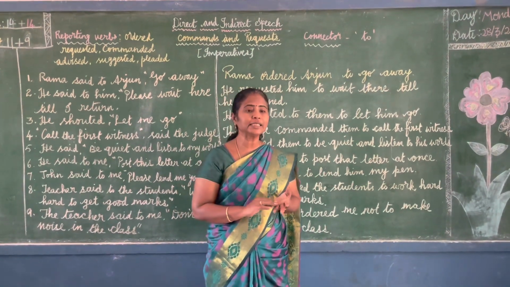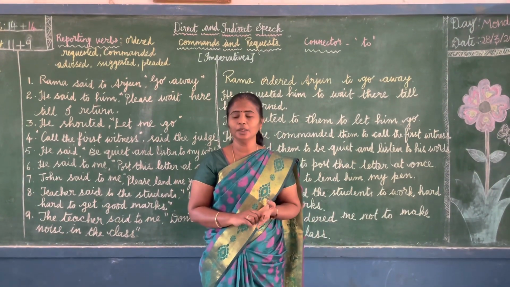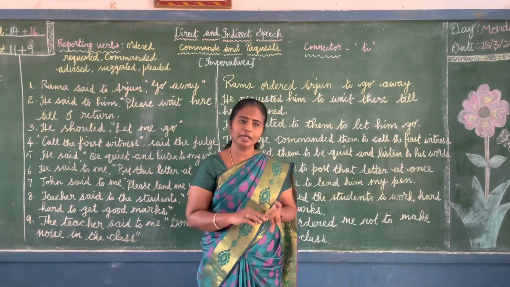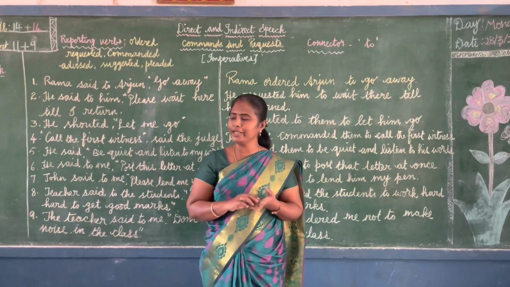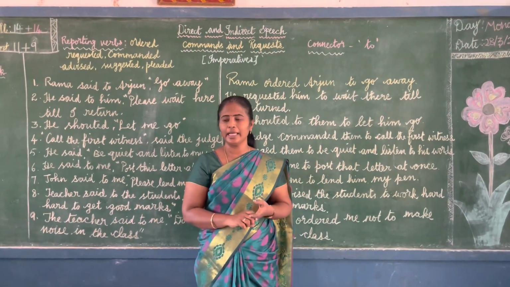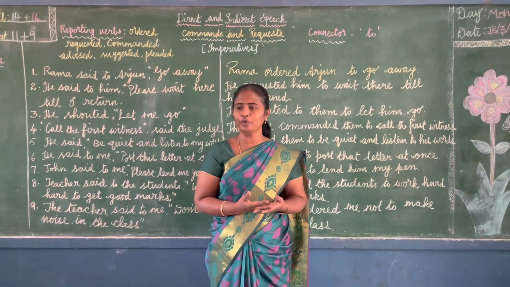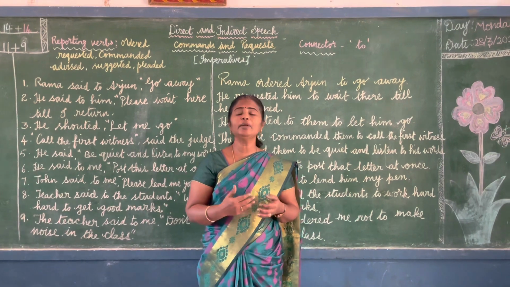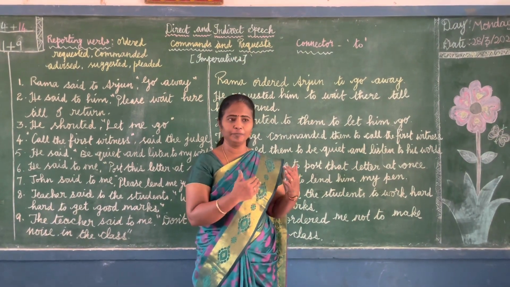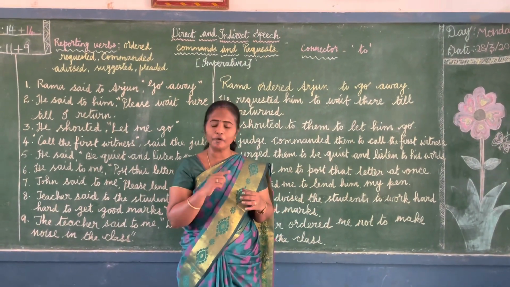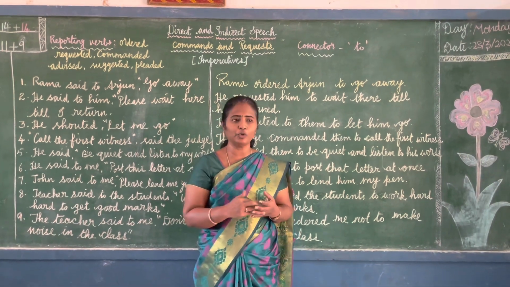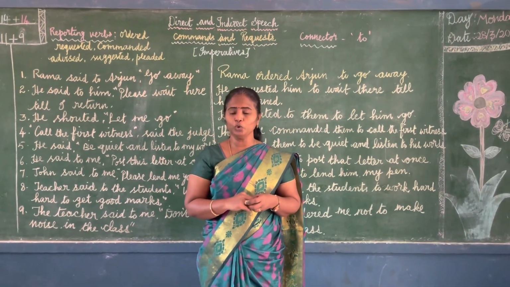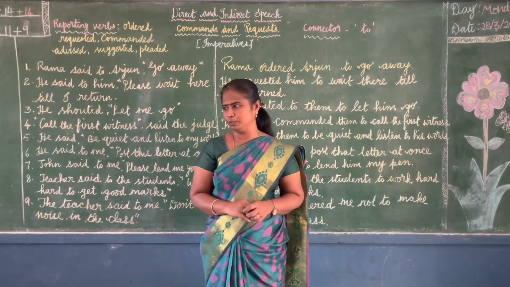Okay, if the sentence is ordering or commanding, you have to write ordered or commanded. Okay, if it is advice, you have to write advised. Any instructions or suggestion, you have to write instructed or suggested. Okay, then after removing the quotation marks, you have to add the connector to.